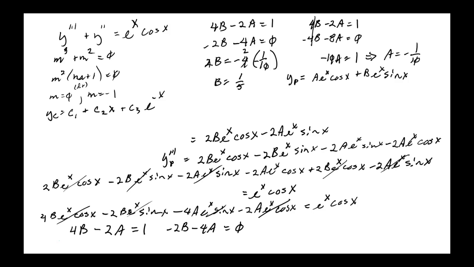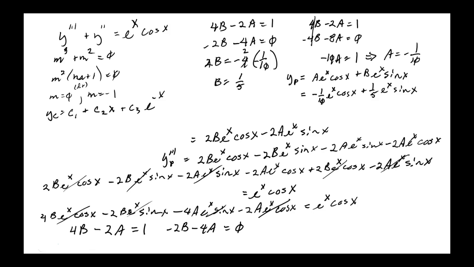I hope that's how I did it. Okay, so now we can plug in our a and b, and that would be negative 1/10 e to the x cosine x plus 1/5 e to the x sine x.